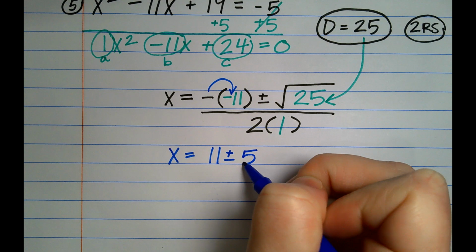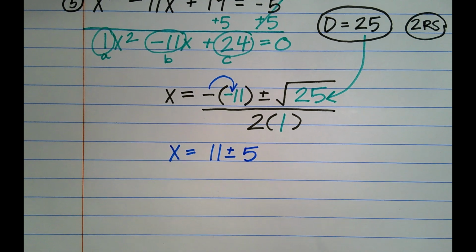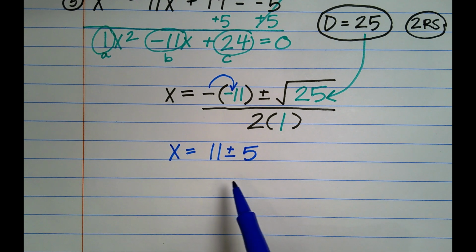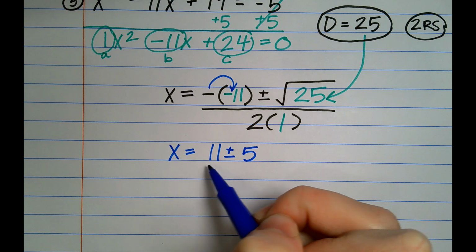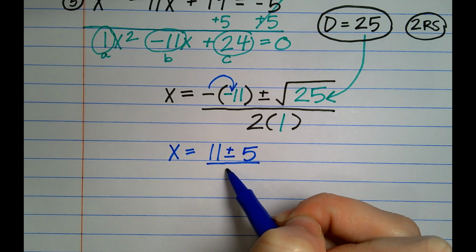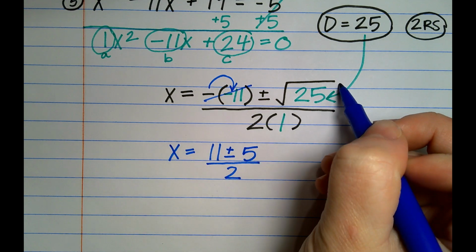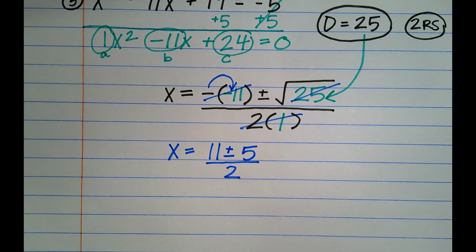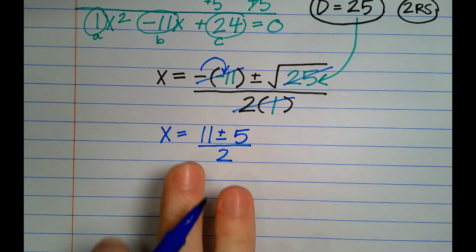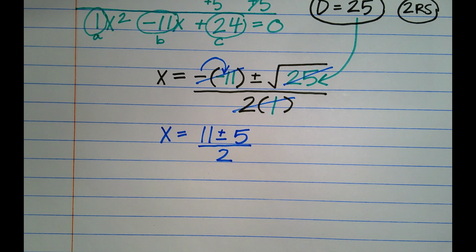So 11 plus or minus 5. And last but not least, 2 times 1 is just 2. Good. So we cross off each item we finish as we go, and now we're here. See how much faster that was? I think that was a little faster.